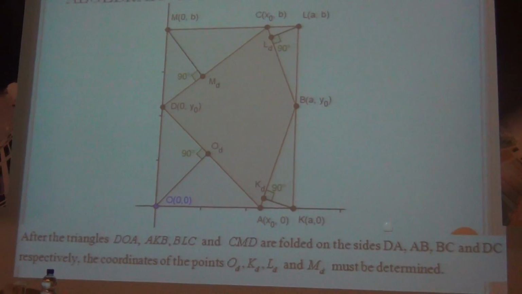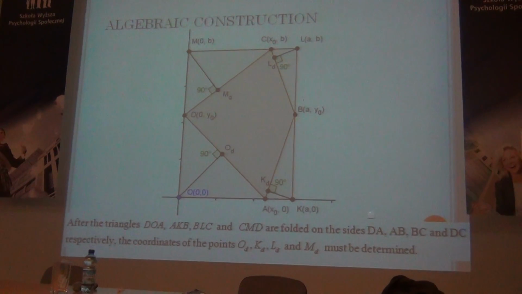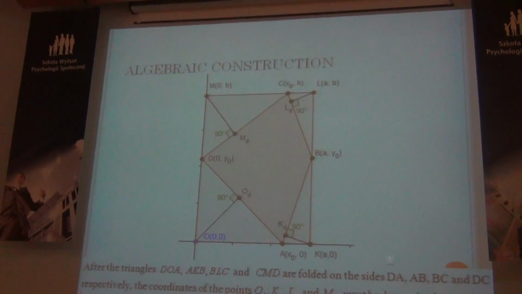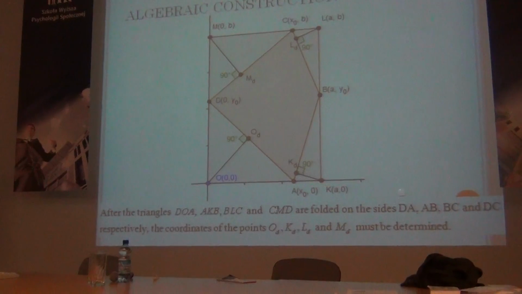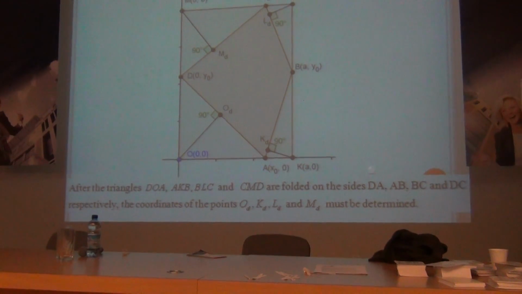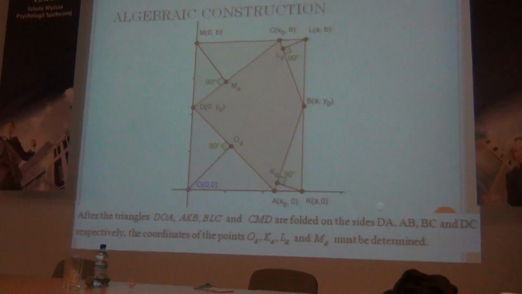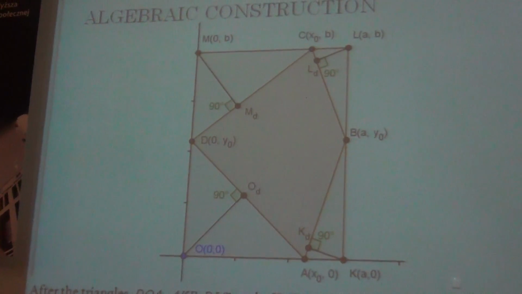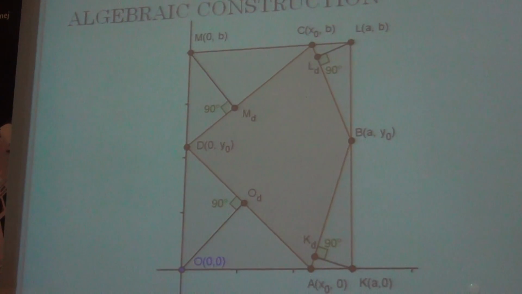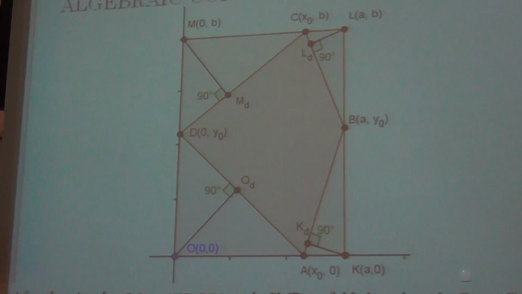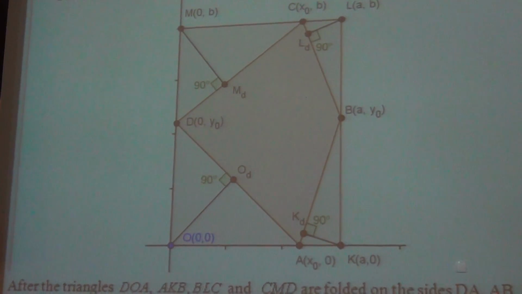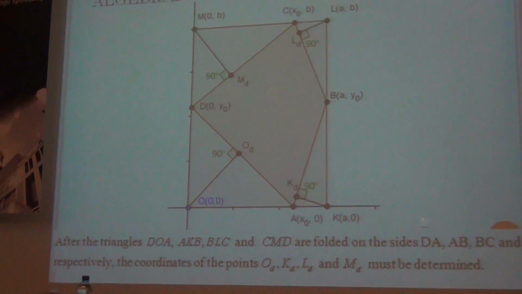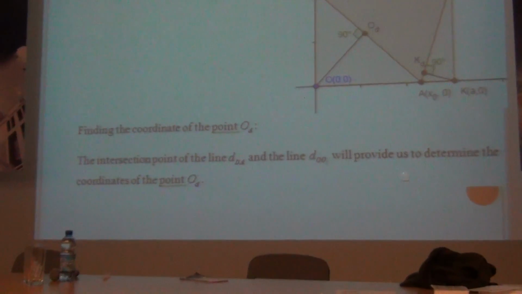After that we try to construct the algebraic notation. The triangles DOA, AKB, BLC and CMD are folded on the sides DA, AB, BC and DC respectively. The coordinates of the points O sub D, K sub D, L sub D, and M sub D must be determined.